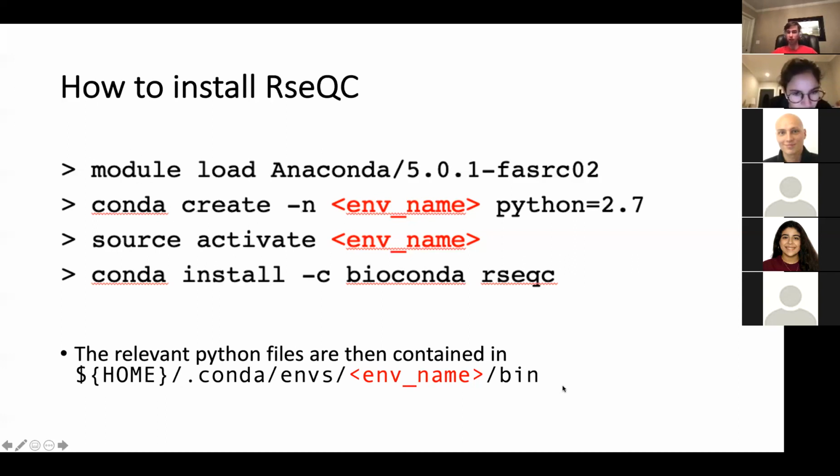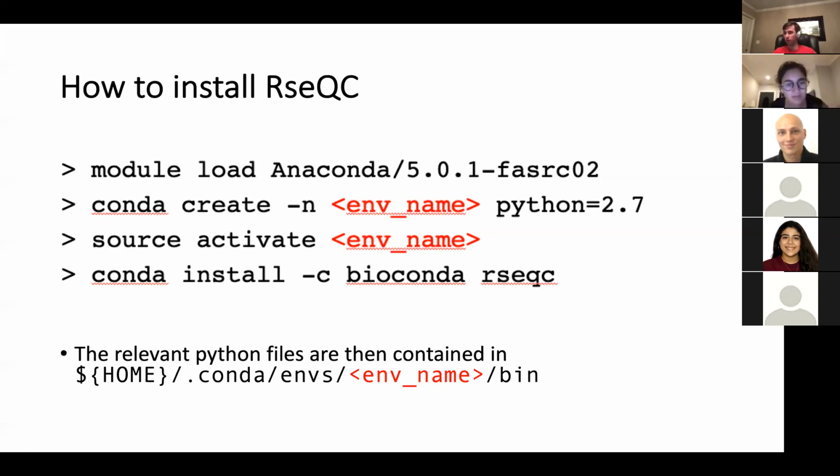Once you do this, it's going to be there forever in this folder. But when you actually want to run it, you're going to have to do module load Anaconda and then source activate the environment. When you go to your compute node, you're going to want to activate the environment before you run the file.